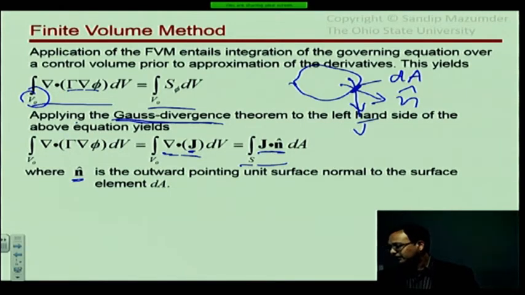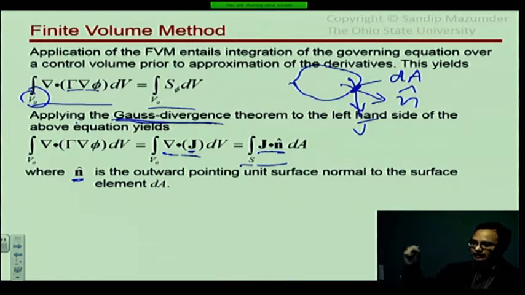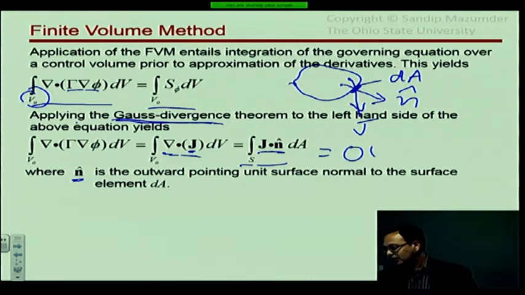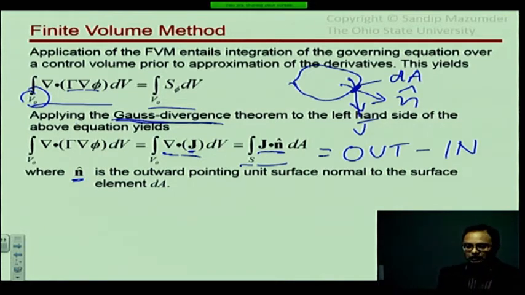So J dot n gives me the normal component, and then I'm multiplying it with the area, summing it over the entire area. So it essentially gives us physically out minus in of that control volume. It's out minus in and not in minus out because our surface normal is pointing outwards. If the surface normal was pointing inwards, it would be in minus out.